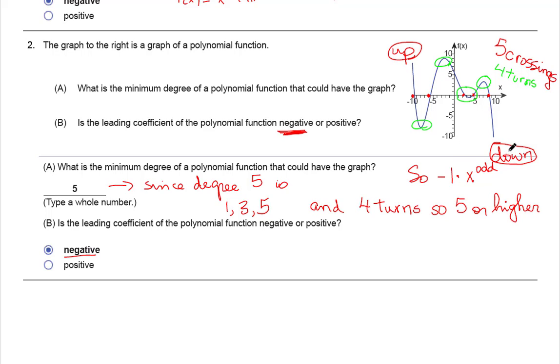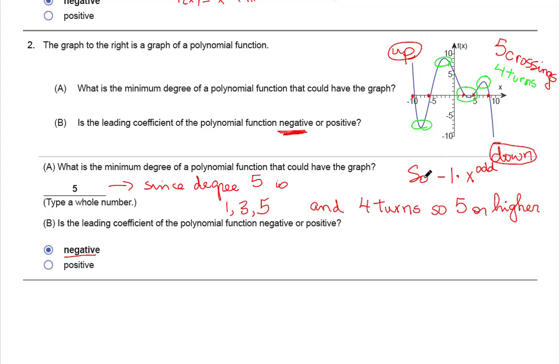All right, what about crossing places? 1, 2, 3, 4, 5 crossings. How many turns? Let's see. A turn here, 1, turn 2, turn 3, turn 4. 4 turns.